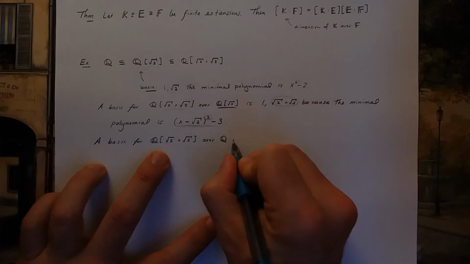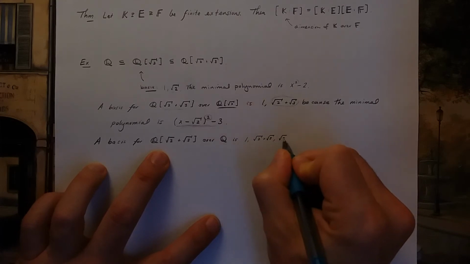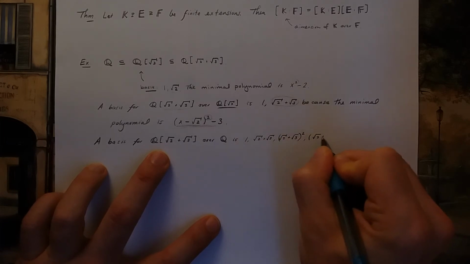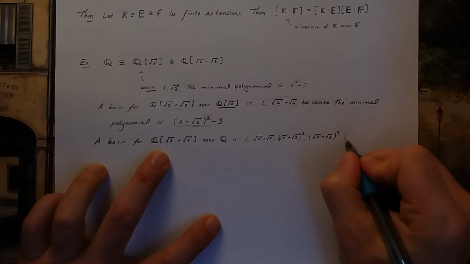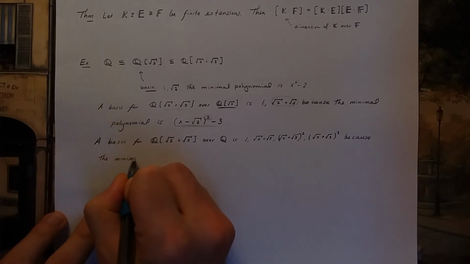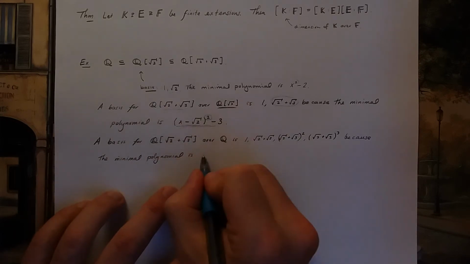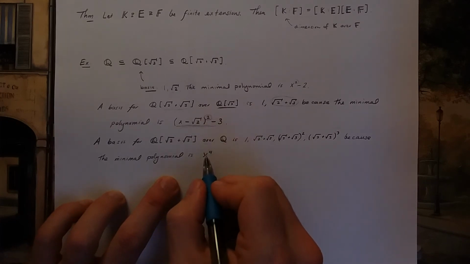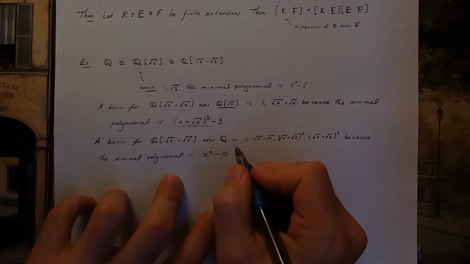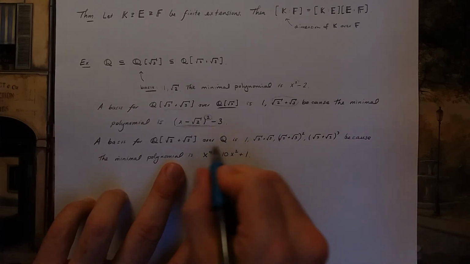Okay, so a basis for this is 1, square root of 2 plus square root of 3, square root of 2 plus square root of 3 squared, and lastly square root of 2 plus square root of 3 cubed, because the minimal polynomial is x to the fourth, so it's a degree 4 extension, x to the fourth minus 10x squared plus 1. So I figured this out before the video began.